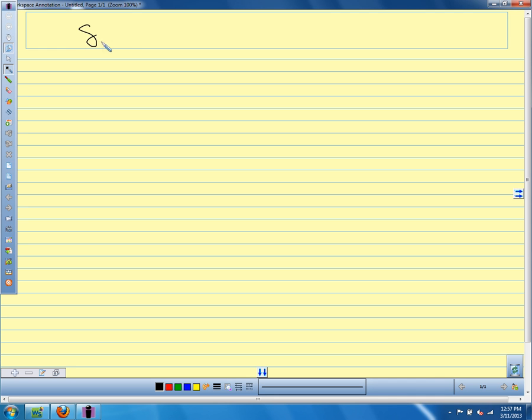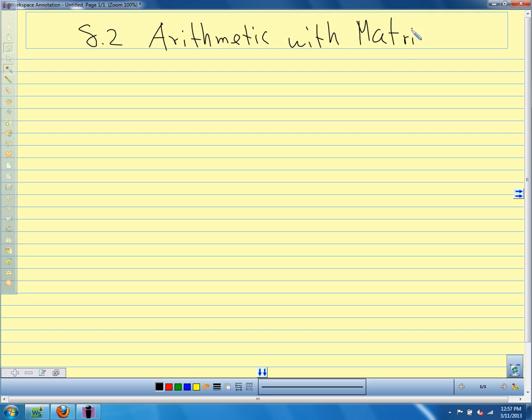Question 8.2, and we're going to do some arithmetic with matrices. All right, so the first thing that we need to know about matrices as we're starting to talk about arithmetic is the way that we normally write matrices is with an uppercase letter.